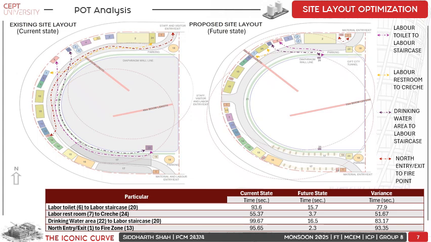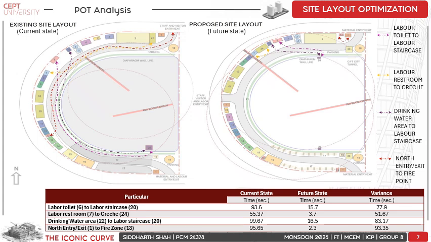In the proposed layout, as mentioned earlier, we proposed another labor staircase on the north side, which is highlighted with number 20, and by that we managed to reduce the travel time.